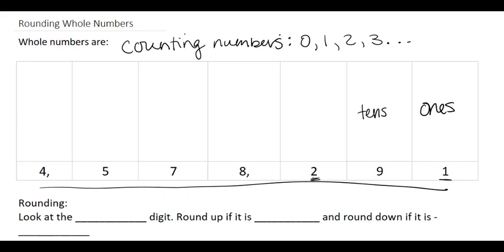Where this 2 is, we have a hundreds place value. Then we notice a comma right here. This usually separates the thousands from the hundreds, but it can also separate other numbers like millions from thousands. Where the 8 is, that is the thousands place value.